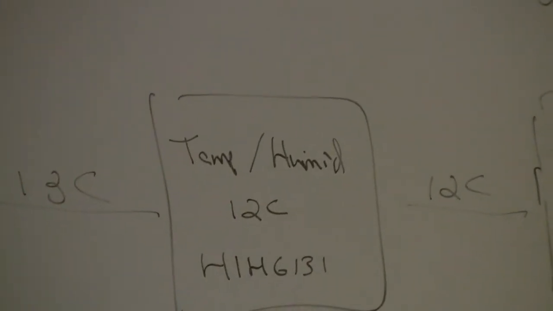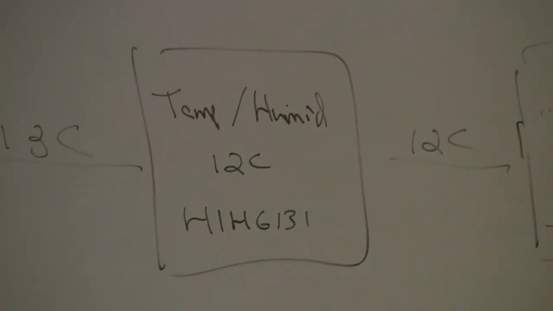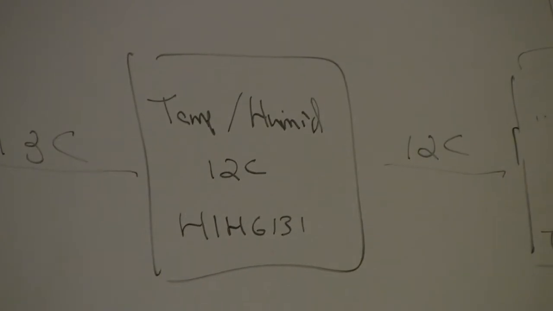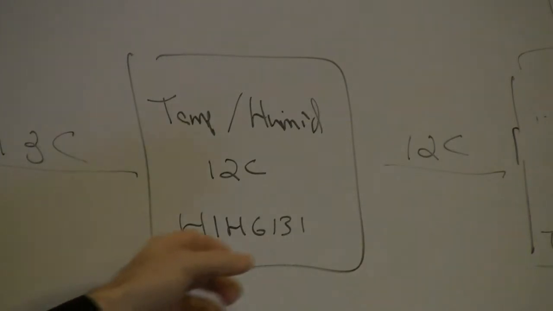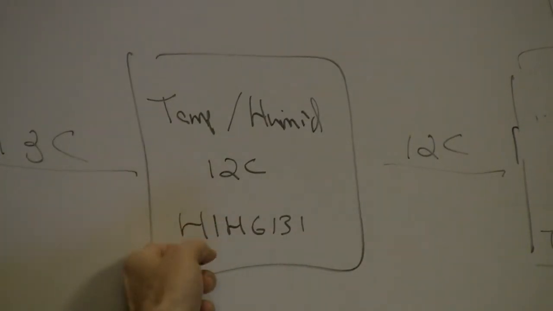Honeywell makes a really slick temperature humidity sensor. I'm not done playing around with this yet, so I haven't removed the final little piece of protective material, but it has a special coating that protects it from water and dust, which is kind of cool. It's $12, so it's not cheap, but it's very accurate.